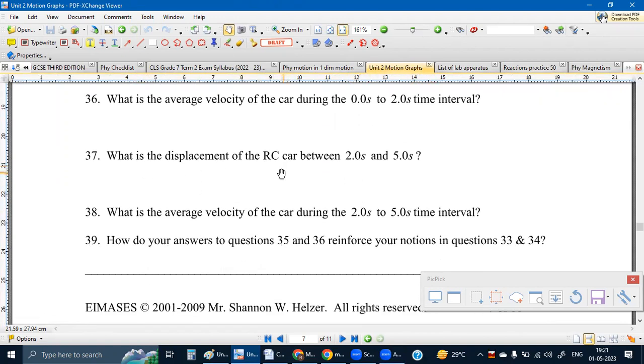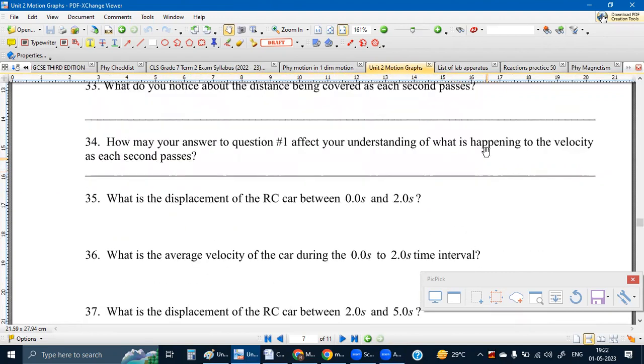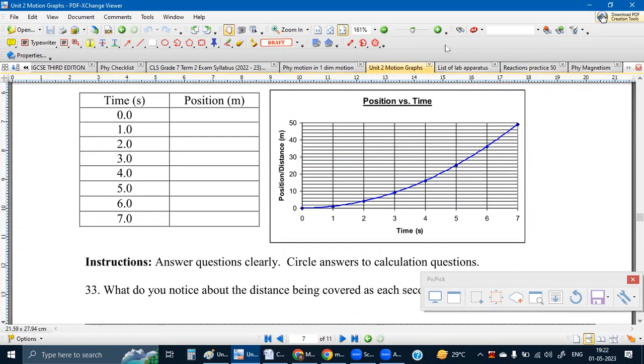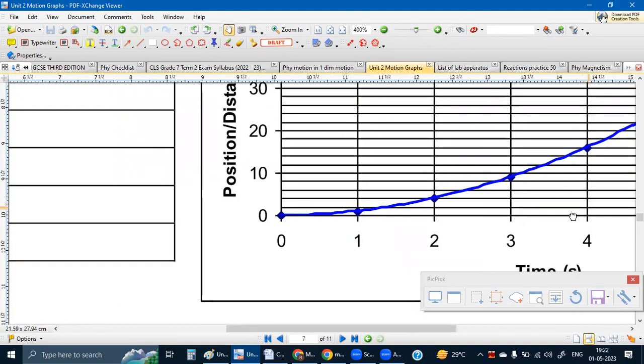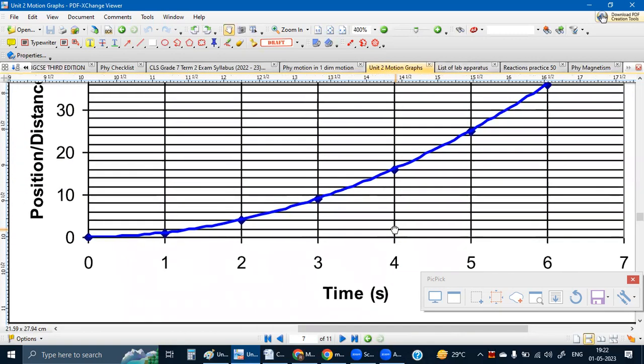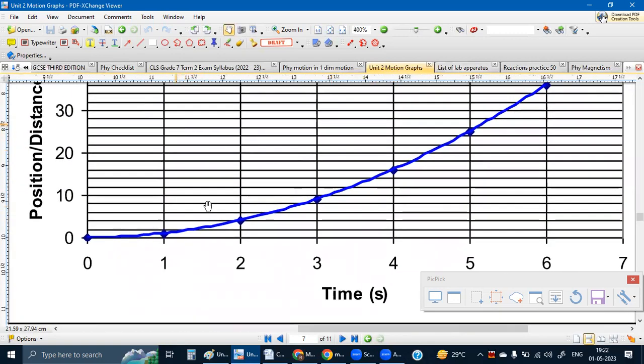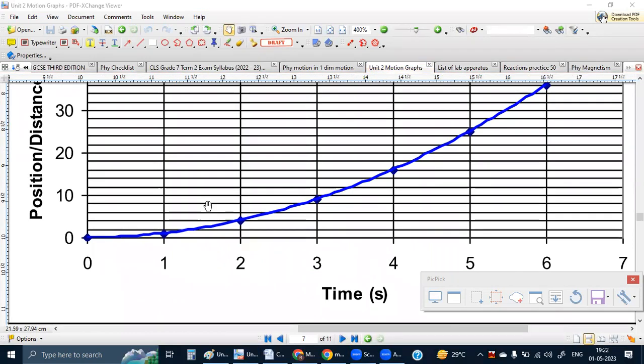What is the displacement of the RC car between 2 seconds to 5 seconds? So I will simply take the difference between 2 seconds and 5 seconds. For 2 seconds, this is the displacement. And for 5 seconds, this is the displacement.